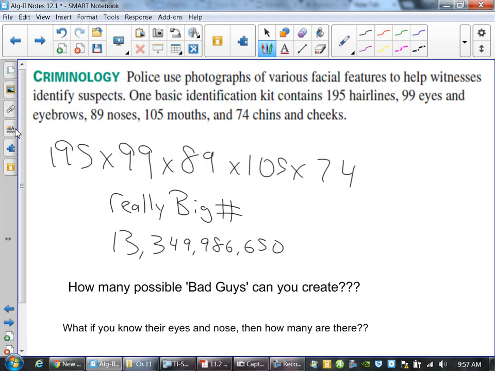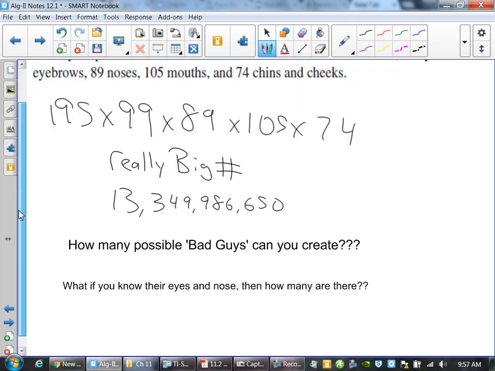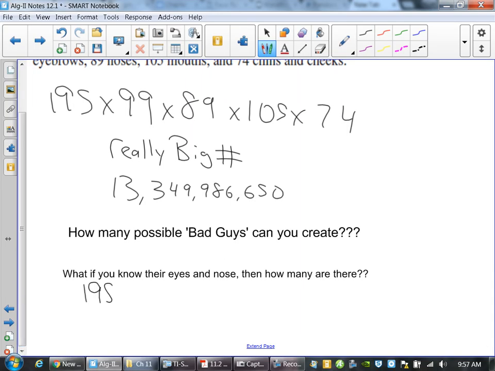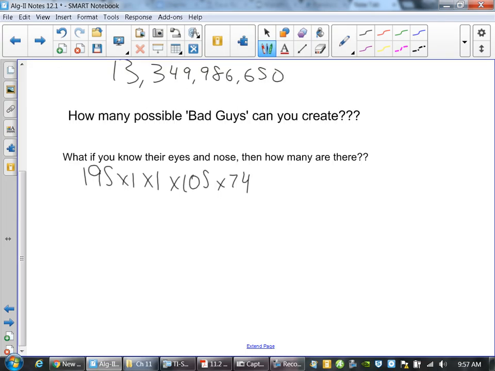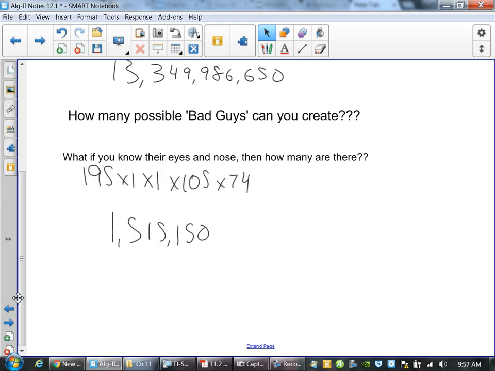So it still becomes 195 times 1 times 1 times 105 times 74. Turn it down. So now, how much is that? Not so big. Okay, so that's why they say be aware, and this is another top tip.